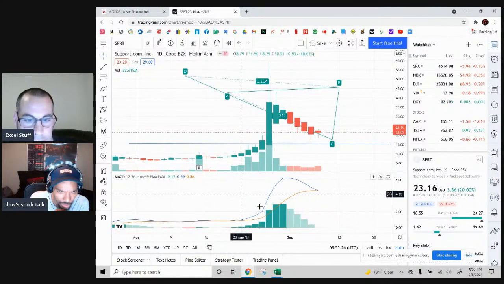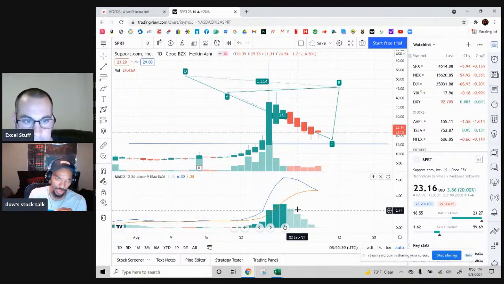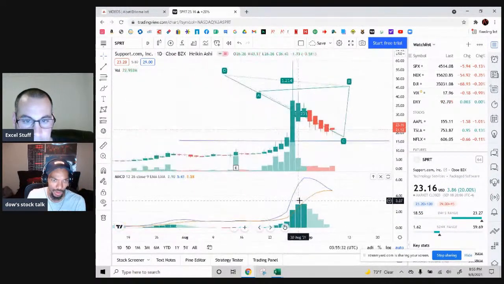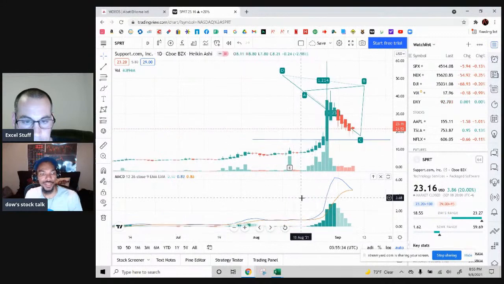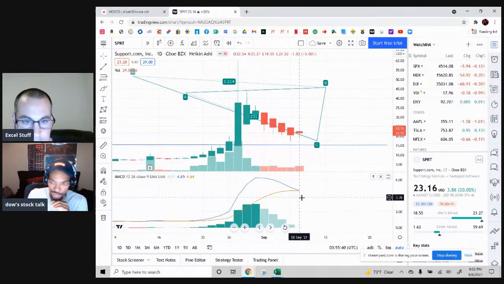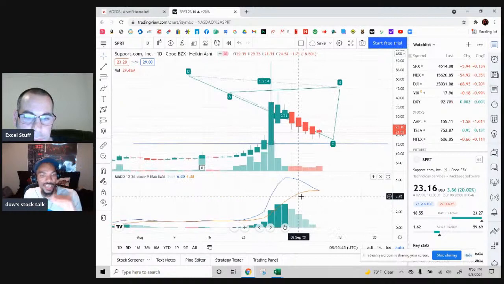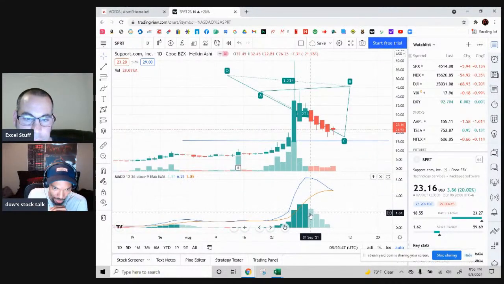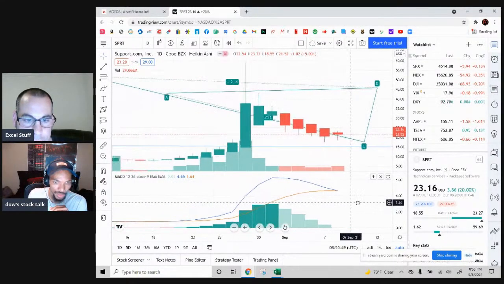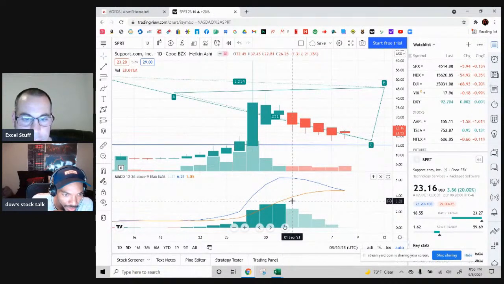So if you could make the MACD a little smaller and the chart bigger, because for the MACD you don't need to see it that big. Narrow it down some more. Yeah, that'll work.